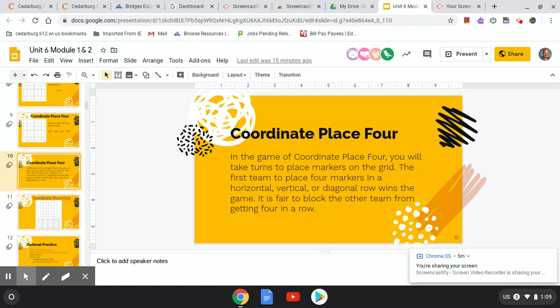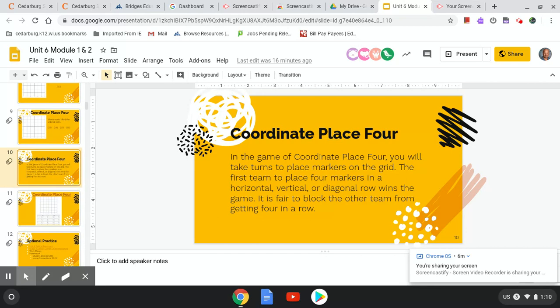The first team is going to place one of their 4 markers on one of the coordinates, and you're going to record those coordinates. The other person or your other teammate is also going to be doing the same thing, trying to block, trying to win, but make sure that you are thinking strategically.